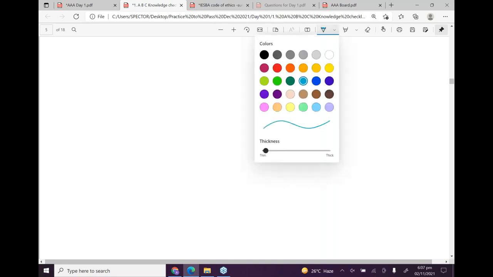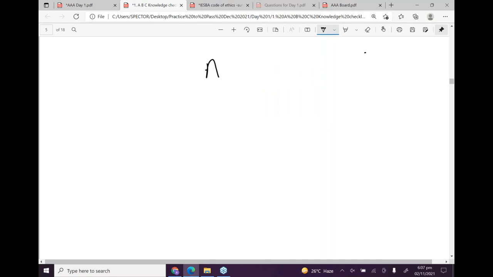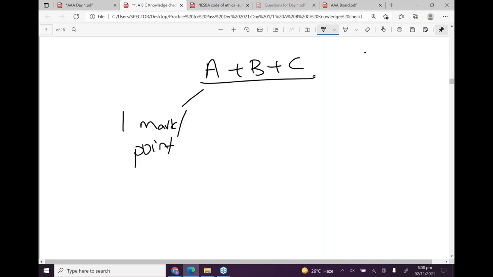One last thing that I want you to understand in terms of syllabus areas A, B, and C, the 3 areas that we have covered, we know it is 1 mark per point, but you have to make sure you have time managed each part.